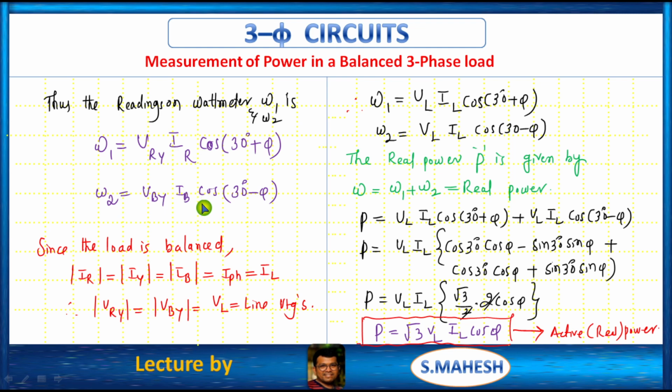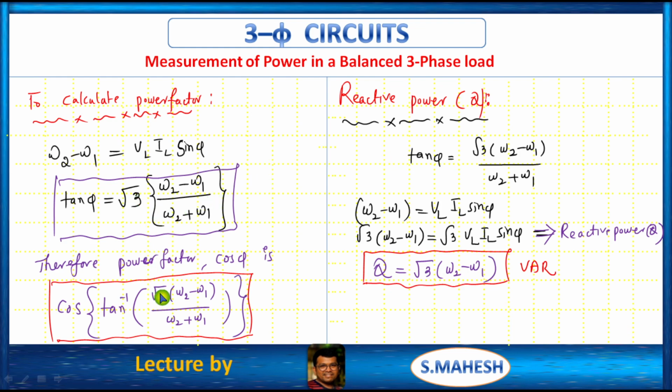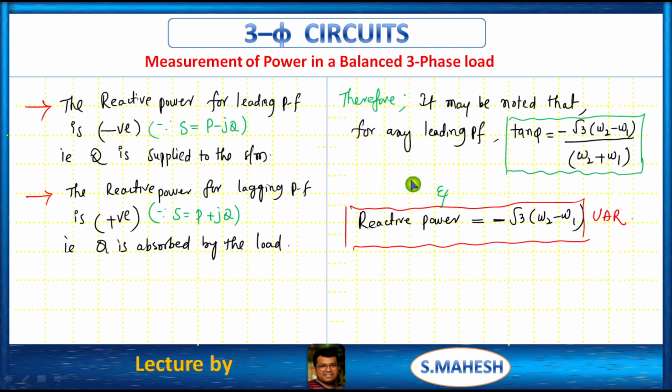We all know the system is balanced, therefore we can replace the RY and BY quantities with line quantities. Finally we have W1 like this, W2 like this. To get active power we add these two, to get reactive power we subtract these two, and finally we have the value of power factor. Later we have concluded some important observations, that's it. This is about the measurement of power using the two-wattmeter method.